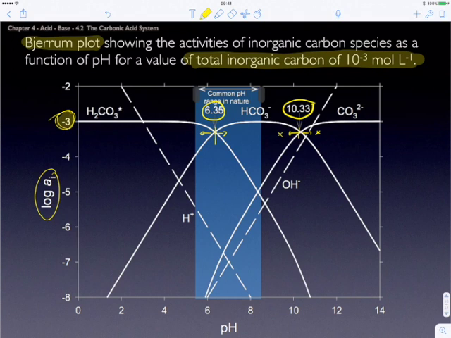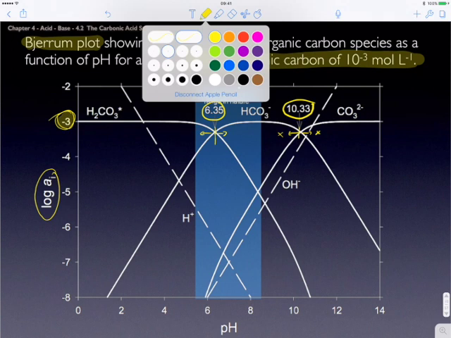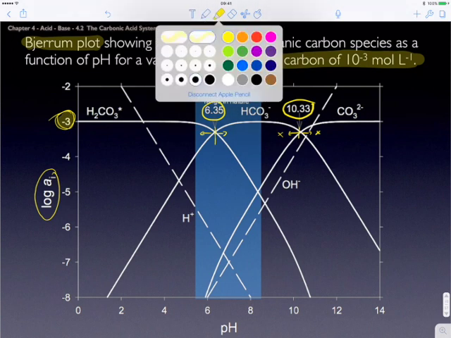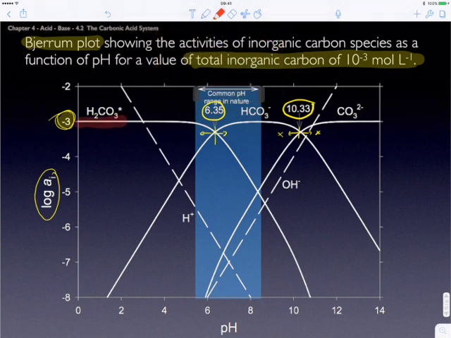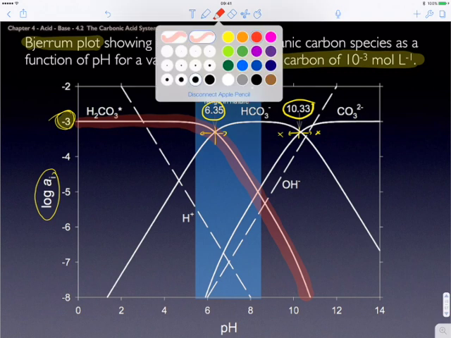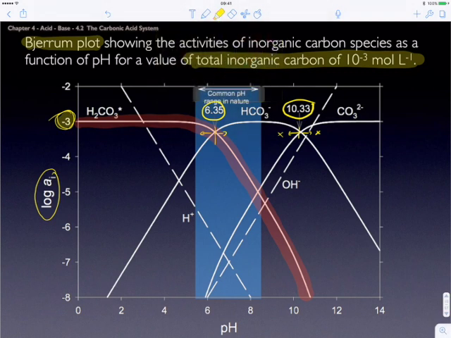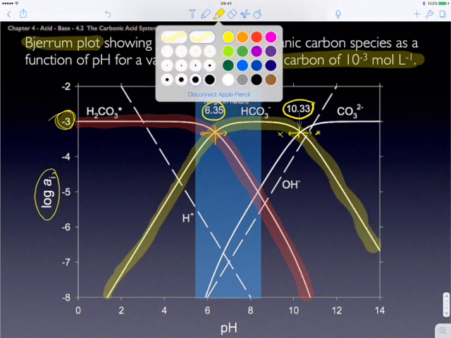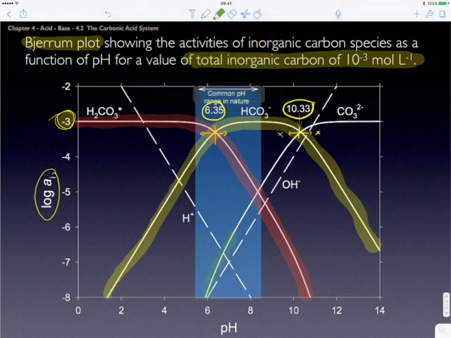This is the repartition of, let's do that in color. Red, this is the distribution of the carbonic acid. This is the distribution of the bicarbonate, and this is the distribution, or let's do that in green, of the carbonate here.